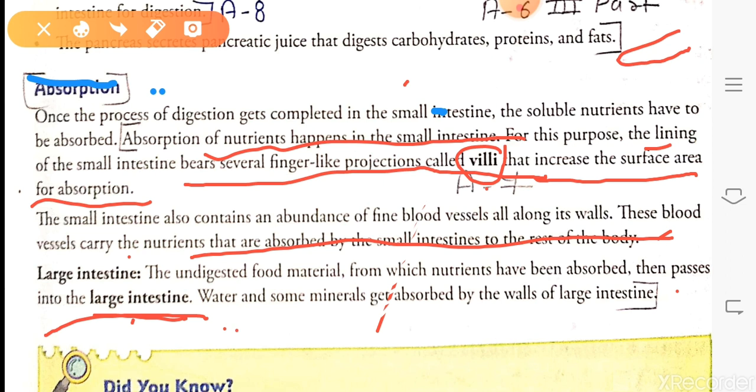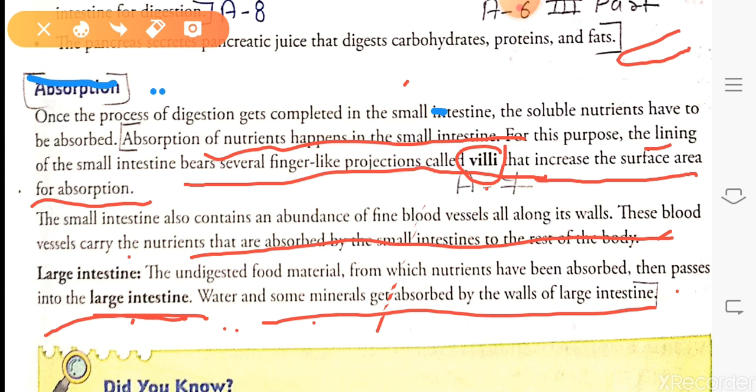This water and some minerals are absorbed by the walls of the large intestine. Most of the nutrient absorption is completed in the small intestine, and the remaining water and minerals are absorbed by the walls of the large intestine.